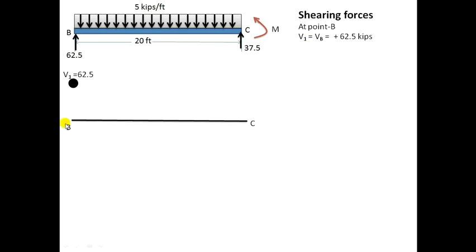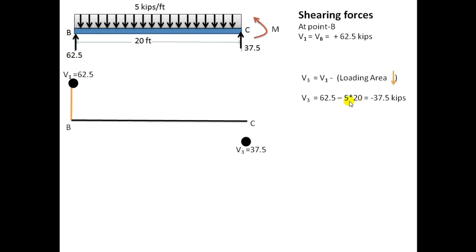V1 will always be equal to the reaction over here, positive. And V3, how did this V3 come? V1 is the previous shear force minus the loading area. 62.5 is the previous shear force over here minus the loading area.